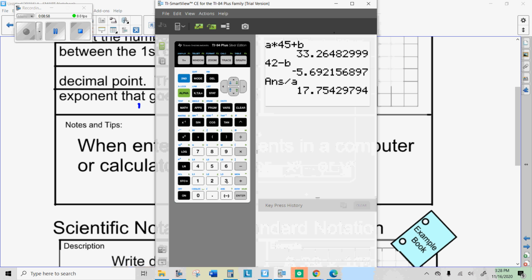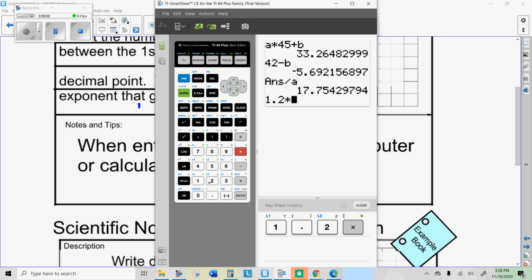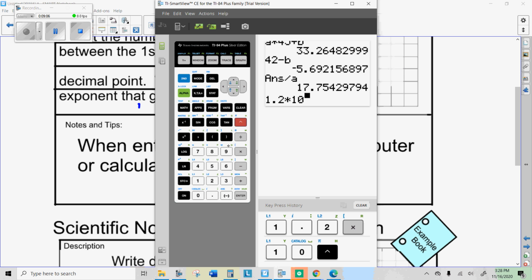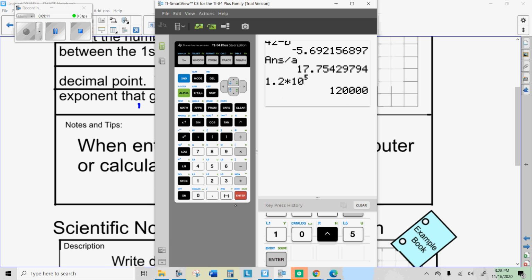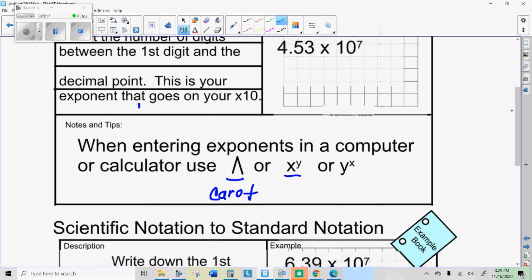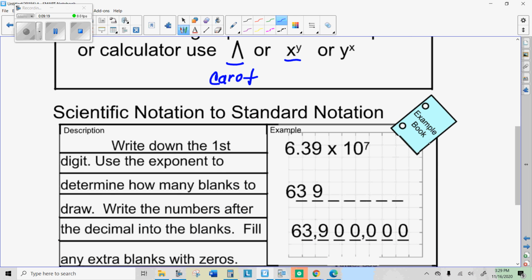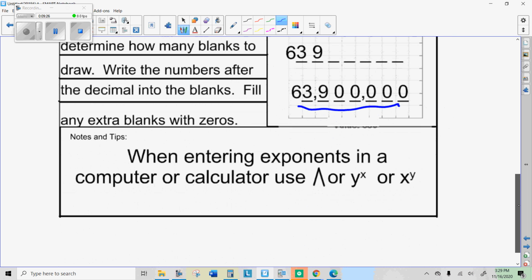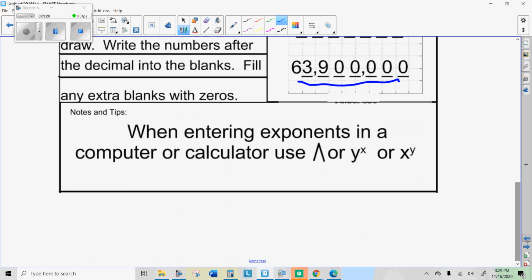Like if I want 1.2 times 10 to the, there's the caret symbol. You can see it just lit up in red to the 5th. So that's scientific notation, and there's the actual number for that. Okay. Scientific notation is when it looks like this. Standard notation is when it looks like that. Okay. All right.